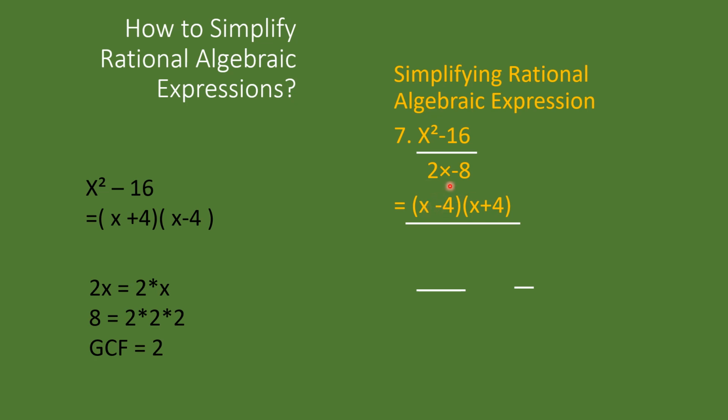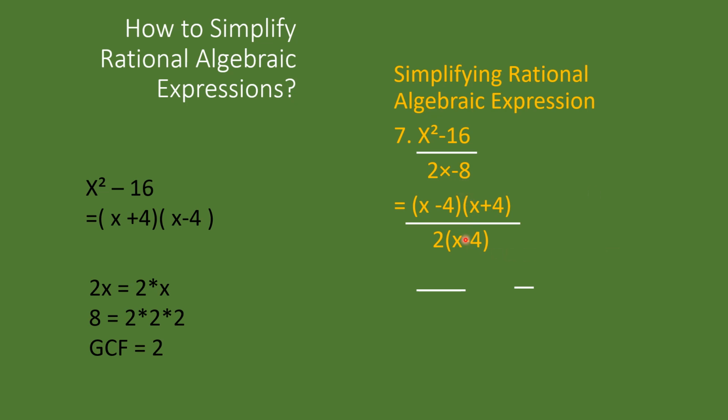And then the denominator, 2x minus 8, is simply get the common factor, or the common monomial factor, GCF. And that is 2. So we have now 2 times the quantity x minus 4. 2 times x, that is 2x, and 2 times negative 4, that is negative 8.